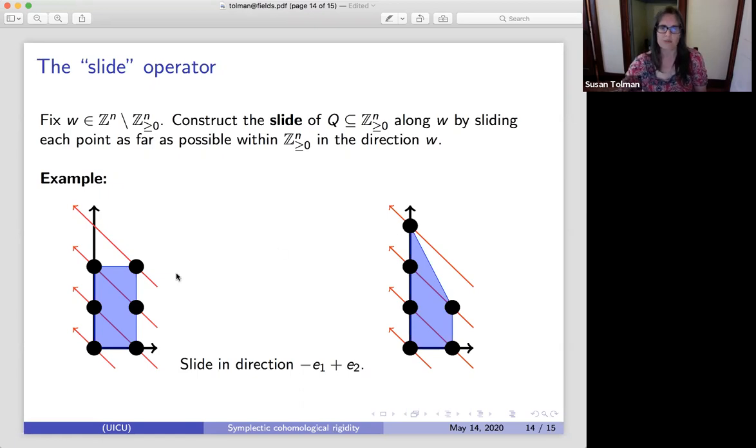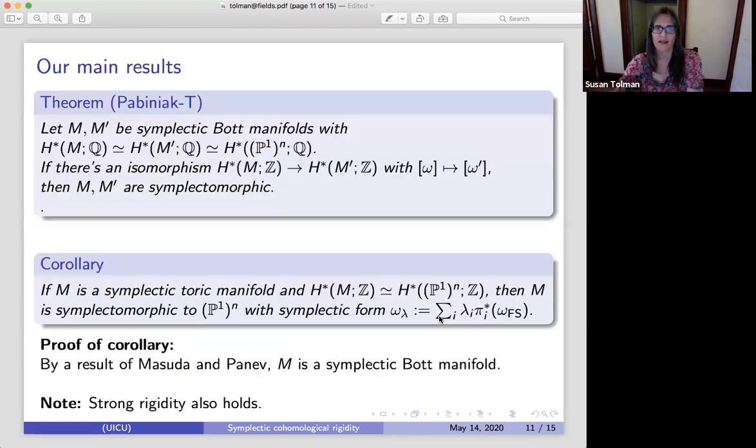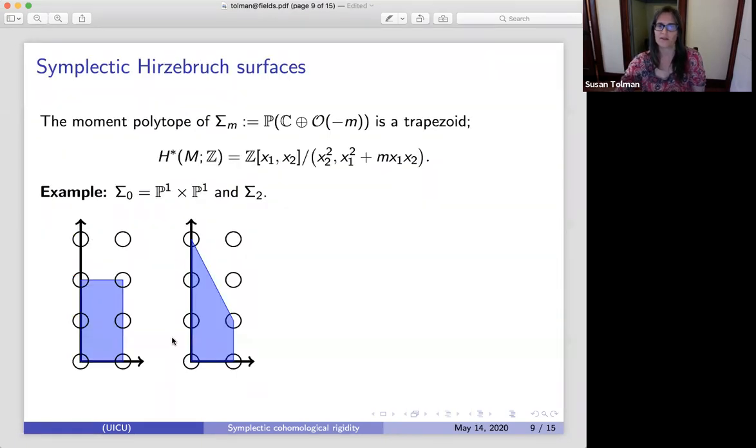Great. And then I just want to point out, if I take the convex hull of these dots, in the one case I'm getting the rectangle, and in the next case I'm getting a trapezoid. And you may recognize these pictures. These are the same pictures that I got a number of slides ago that were just the moment polytopes of P1 cross P1 and the Hirzebruch 2 surface.